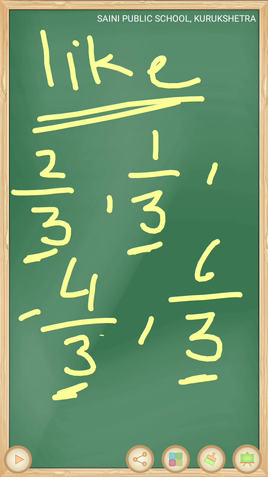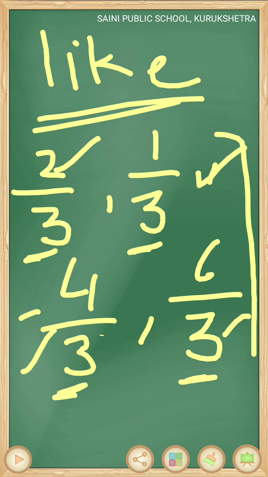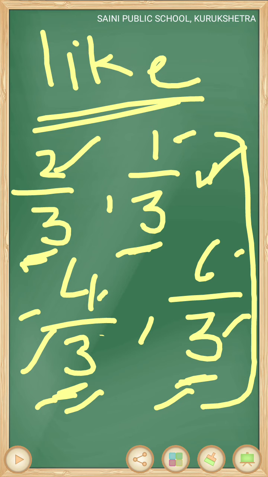These all are examples of like fractions. Why? Because they have the same denominator. So fractions with the same denominator are called like fractions. The numerator may be different but the denominator should be the same.